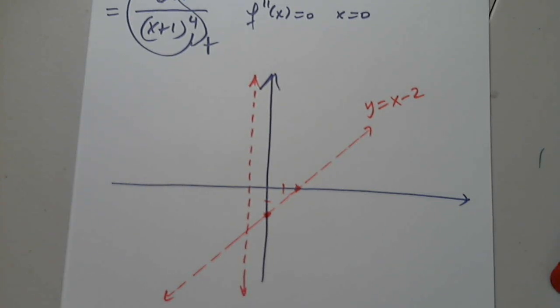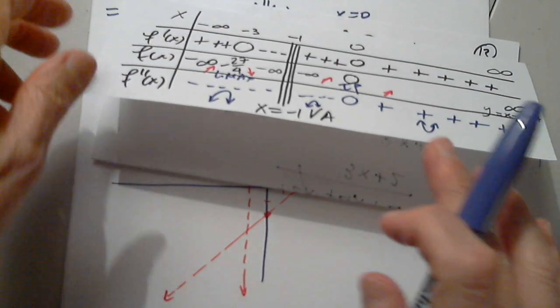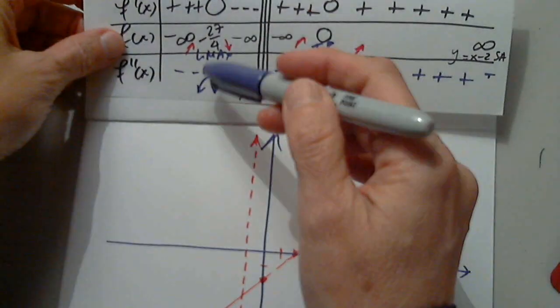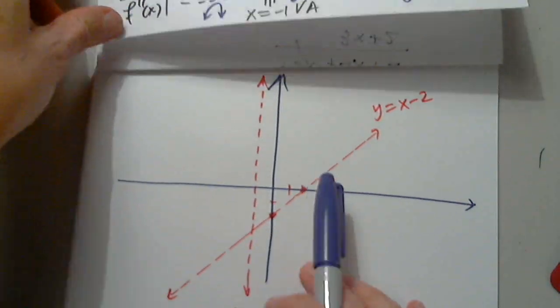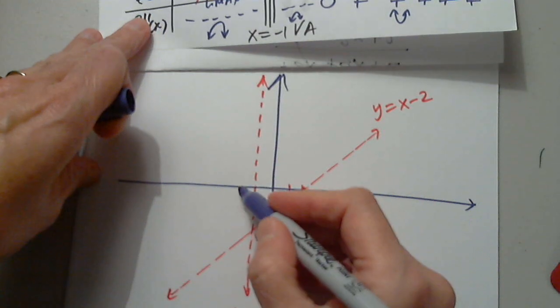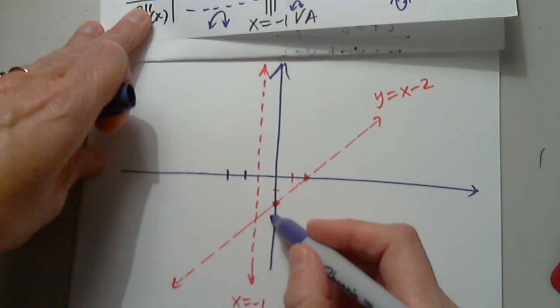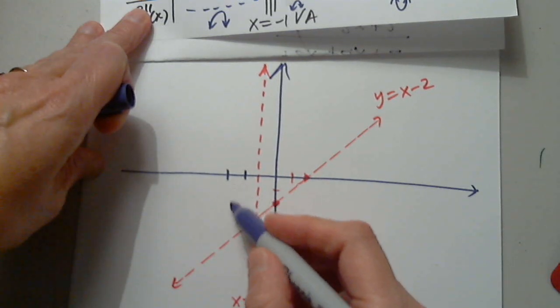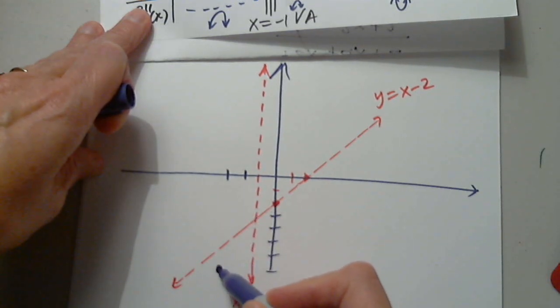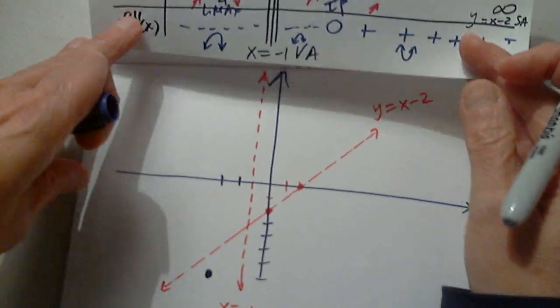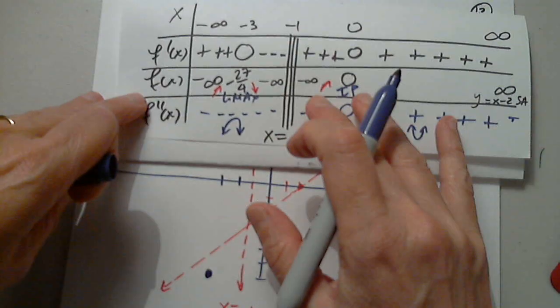Okay, next. I need -3, -7 roughly. 1, 2, 3. 1, 2, 3, 4, 5, 6, 7. First piece, very clear.